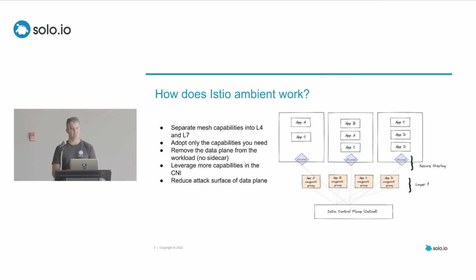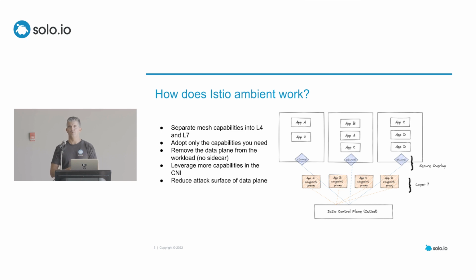But to set the stage, we have to remember that Istio Ambient is an alternative or optional data plane for Istio that runs in a sidecarless mode. That means there are no sidecars being injected into the workloads, and things run transparently, even more transparently than what you see with the sidecars.